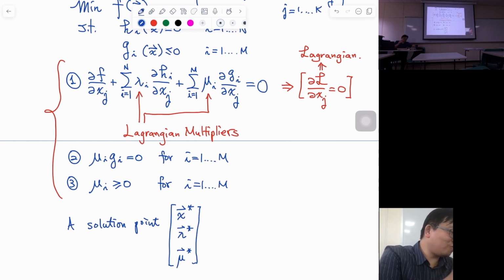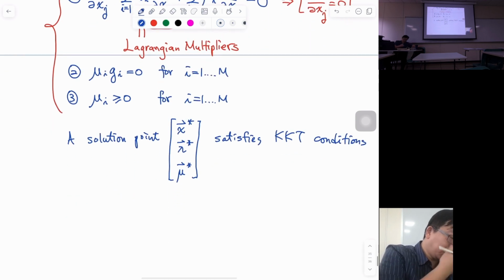So when we talk about the solution point, it means all the original variables and all the Lagrangian multipliers. If they satisfy the KKT conditions, it should be at least local minimum.